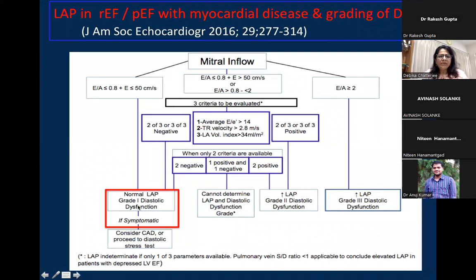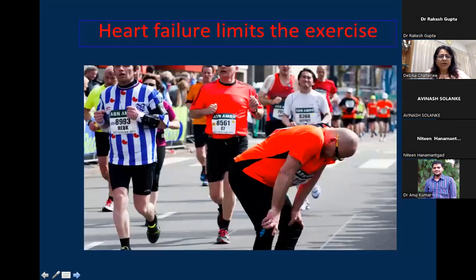As I said, patients who have grade 1 diastolic dysfunction should not be expected to have shortness of breath, but there is a group of patients who become symptomatic, especially when they start doing exercise, say walking, they become short of breath. So they go into heart failure.